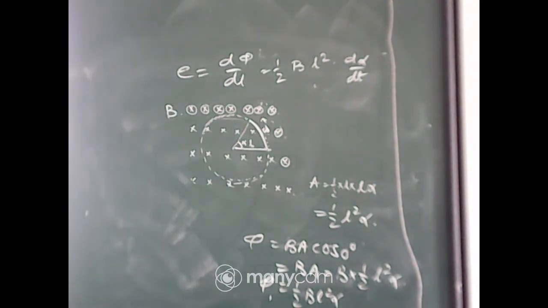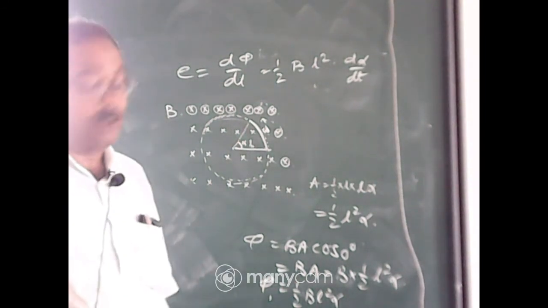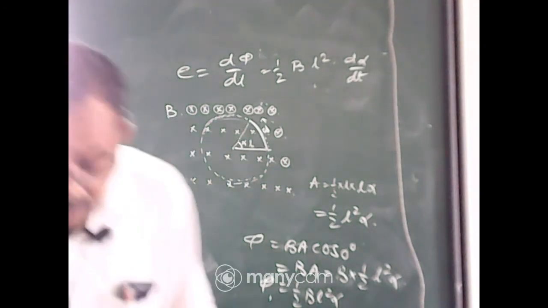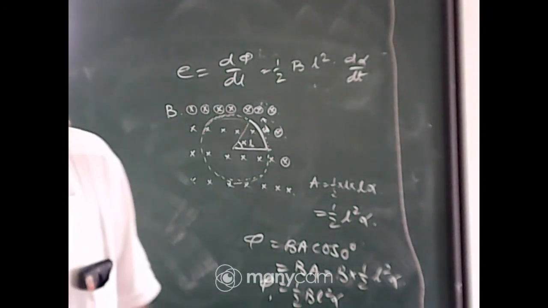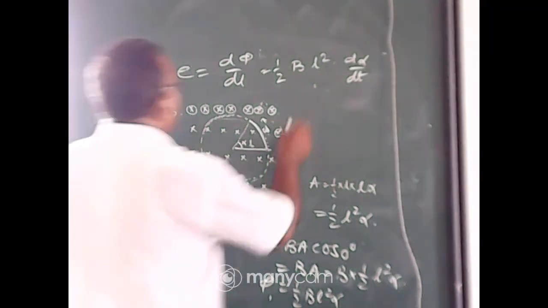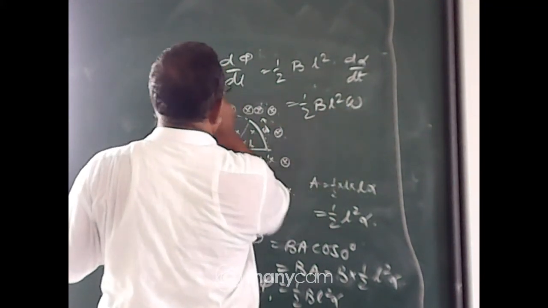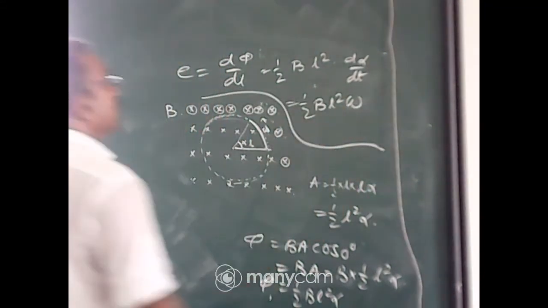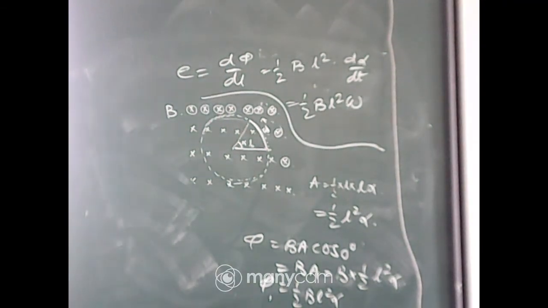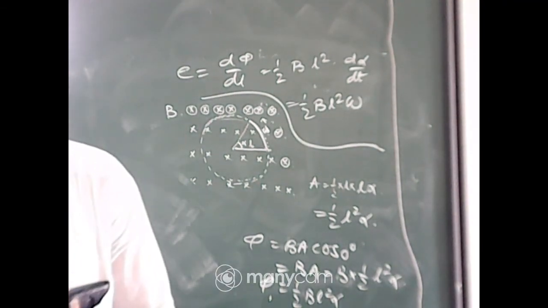Alpha means theta, so d alpha by dt, theta by t, equals omega. That value will be half into B into L square into omega. That is the EMF.